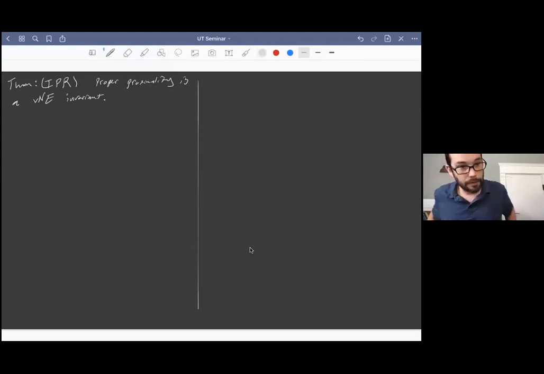So in particular, as a corollary, it's also a W* equivalence invariant and a measure equivalence invariant. And that was our original goal, was to show that this was a measure equivalence invariant. So kind of how the project started is we wanted to show that proper proximality was a measure equivalence invariant, and we were able to do that. And then we also wanted to show that it was a W* equivalence invariant, and we were able to do that with a completely separate proof.